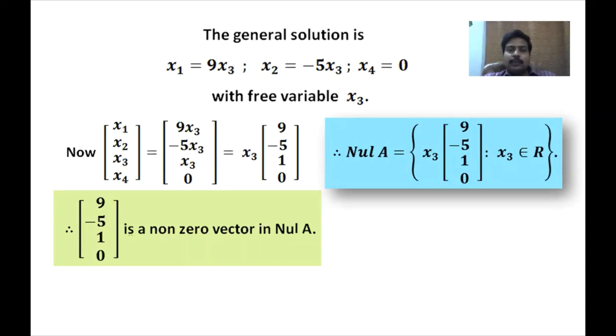So here in this problem we need one non-zero vector. So (9, minus 5, 1, 0) can be taken as a non-zero vector in null space.